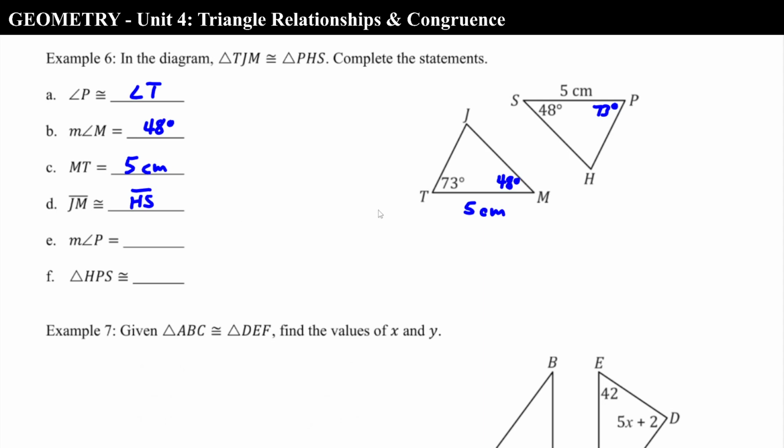The measure of angle P we found is 73 degrees. And triangle HPS, which is the middle, first, and last, or 2, 1, 3, is going to be congruent to triangle 2, 1, 3, JTM.